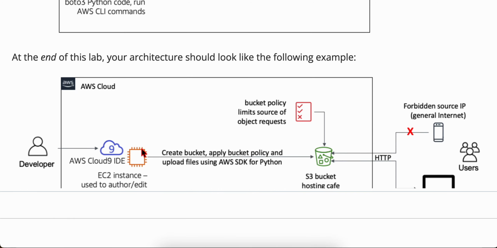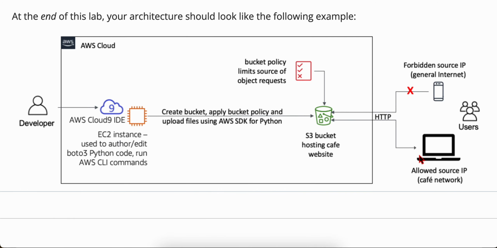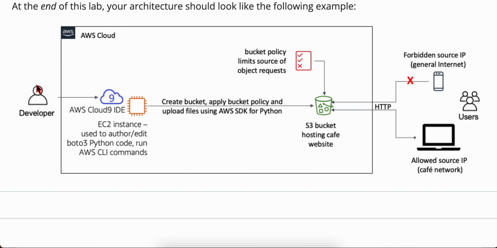At the end of this lab, your architecture should look like the following example right here. We have the developer inside the AWS Cloud, inside the AWS Cloud9 IDE. We have an EC2 instance used to author and edit Boto3 Python code and run AWS CLI commands. Then we create a bucket, apply bucket policies, and upload files using the AWS SDK for Python.